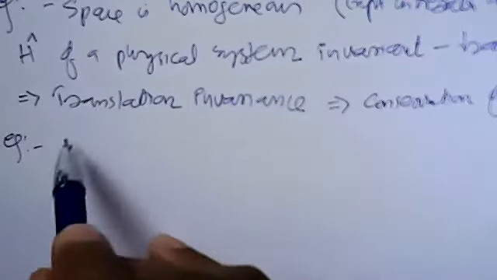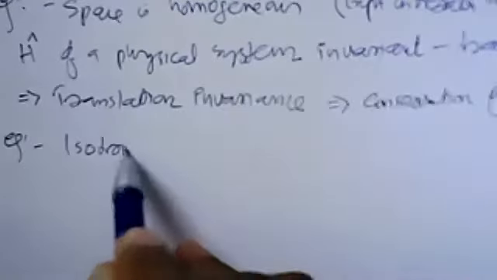Another example, we will discuss each one by one. First is homogeneity of space, then isotropy of space.